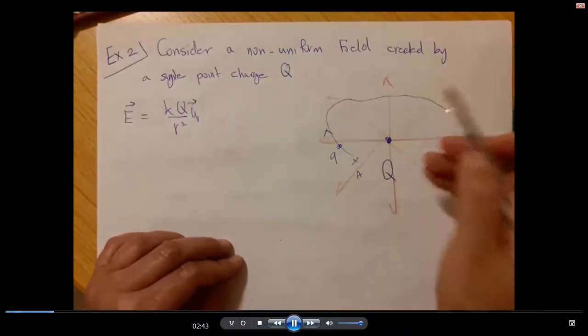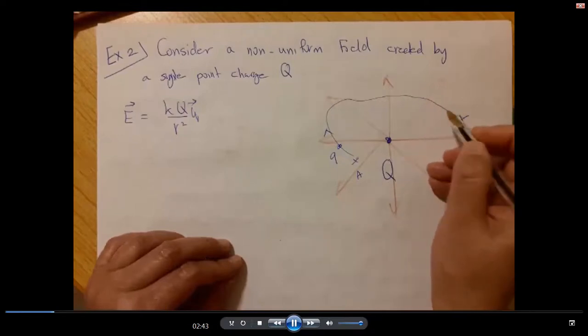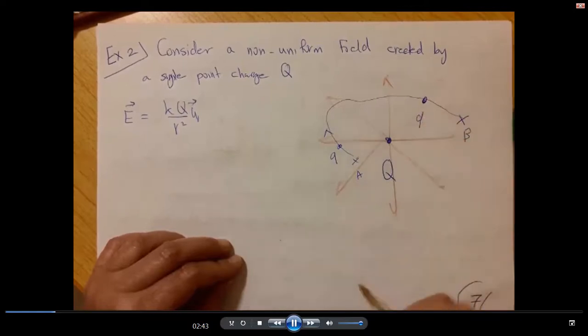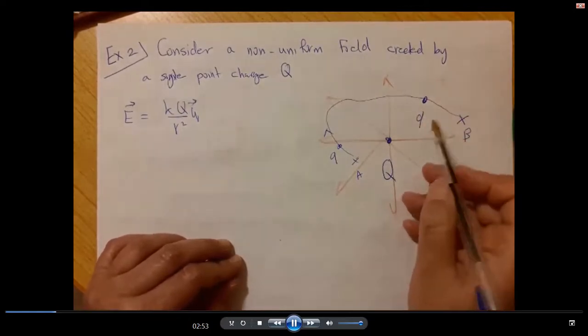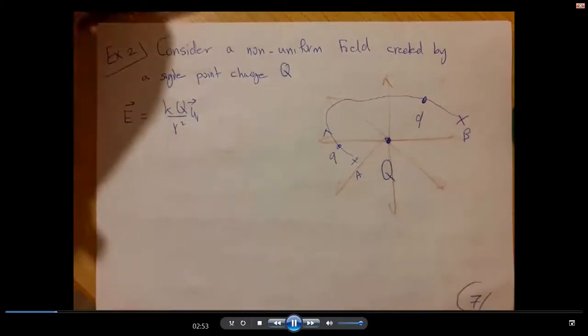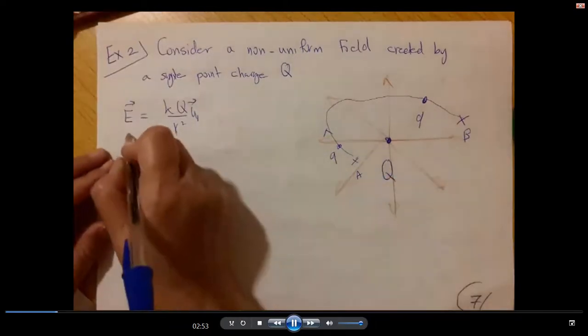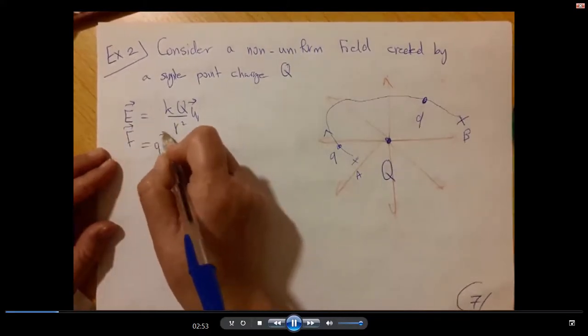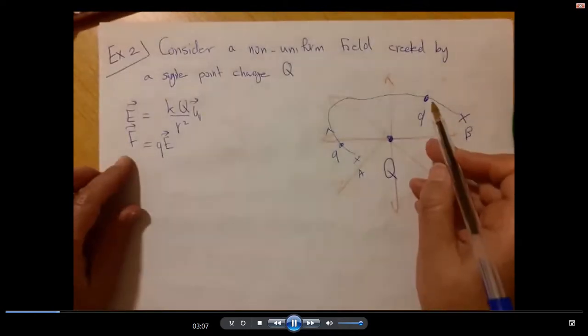I can consider that at some point it has reached, let's say, here. At this location the point charge is under the effect of an electric force, which is Q times E. How is it directed?